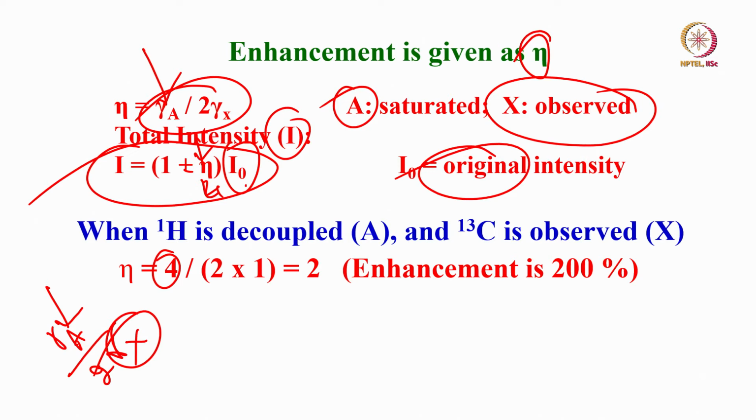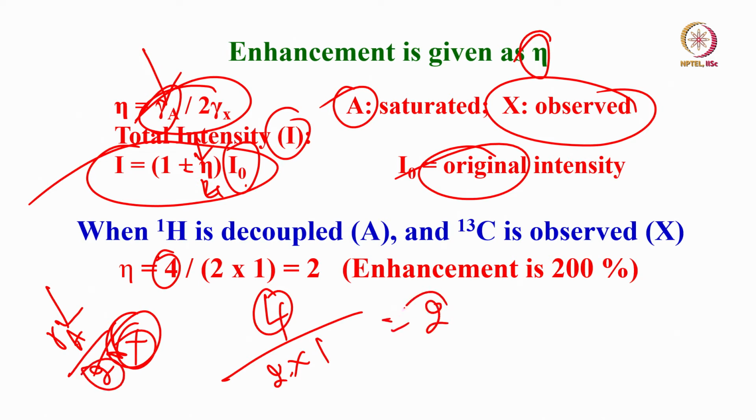Now I am irradiating proton, so gamma A is in the numerator, it is 4, divided by, this is half of that, 1/4 of that. If this is 4, I will take only 1 for carbon, because it is 1/4 of that. So, this 2 is there already in the denominator, it turns out to be 2.